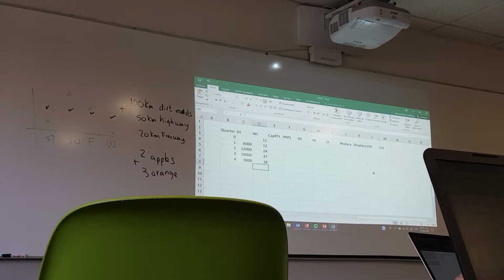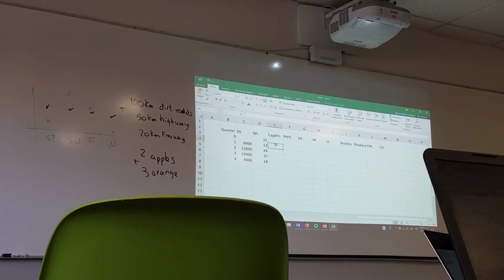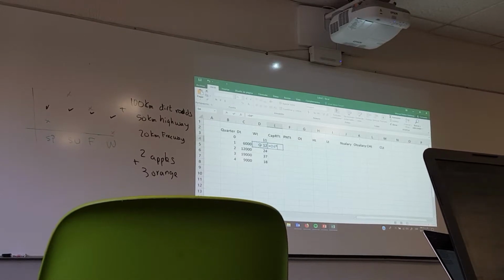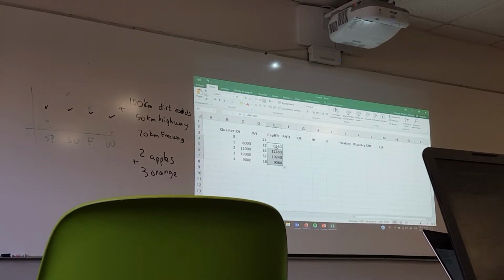Questions, guys? No questions? Okay, so now, what is the capacity? The normal time capacity, how many hours can these 12 workers work? 520 each, so it's 12 times 520. We have more capacity than we need here.